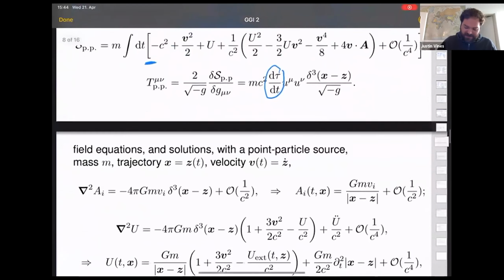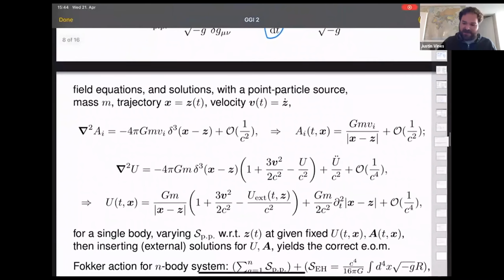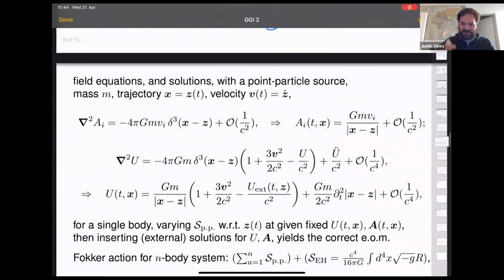Here on the next page, I'm writing out what you get. So for a single point particle, the field equations with a point particle source, on this trajectory, with this velocity, first, the equation for the vector potential, which is much simpler.